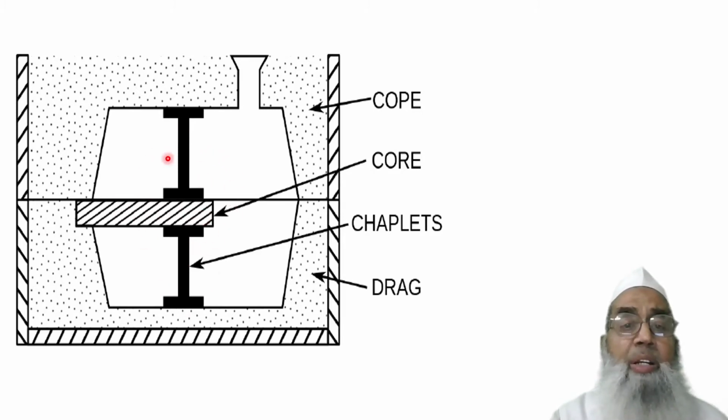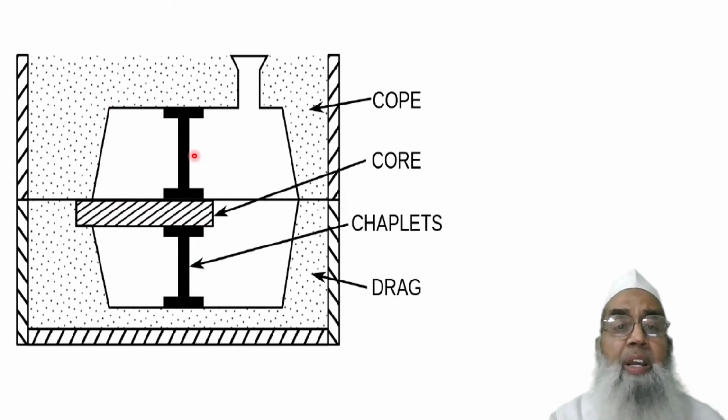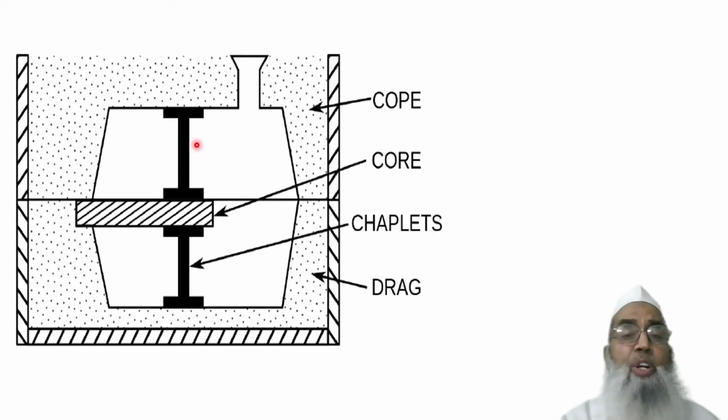This is a metallic one. As the metal is poured into it, the metal will flow and surround not only the core but also the core print, and after solidification the chaplet will get dissolved in the molten metal and solidify.